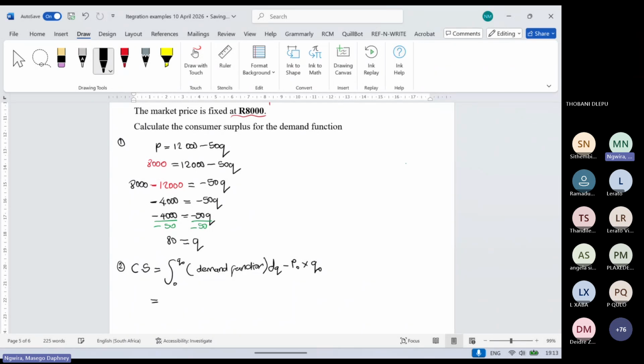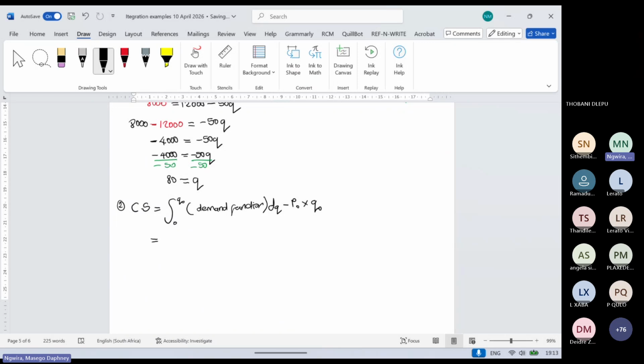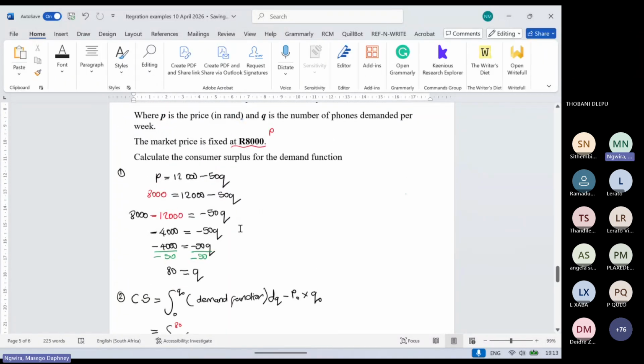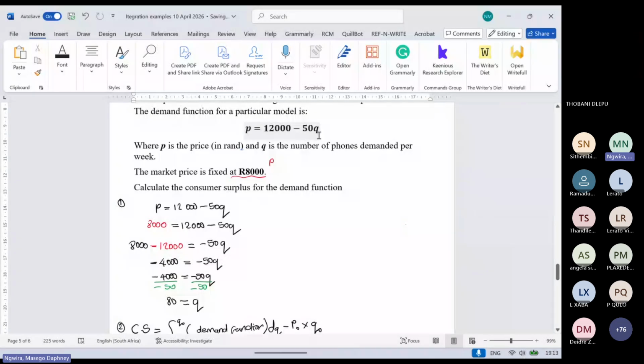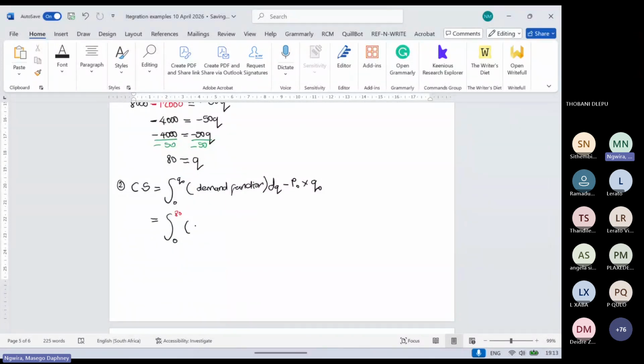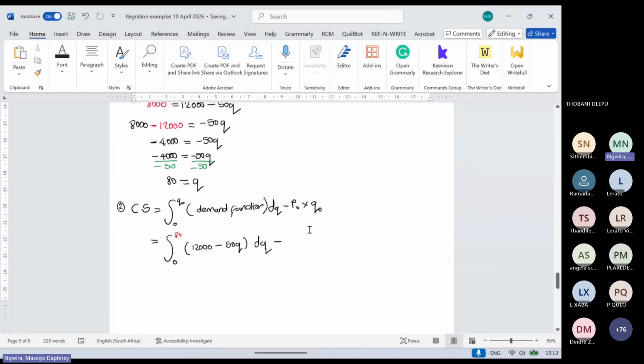Now we have to substitute. We have everything that we want now. Your Q0 will be this 80, the cell phones in a week. So this will be the integral from 0 to 80 of our demand function, 12,000 minus 50Q, dQ, and then minus P0 times Q0.